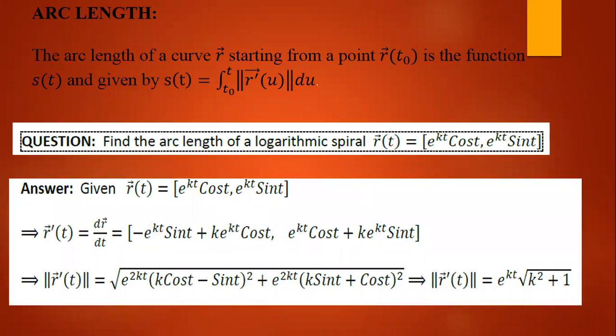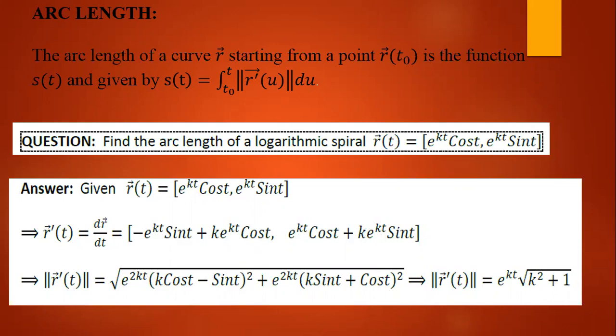What is arc length? Mathematically, the arc length of a curve starting from a point r0 is the function s(t) given by s(t) equal to the integral from t naught to t of the magnitude of r prime of u du.